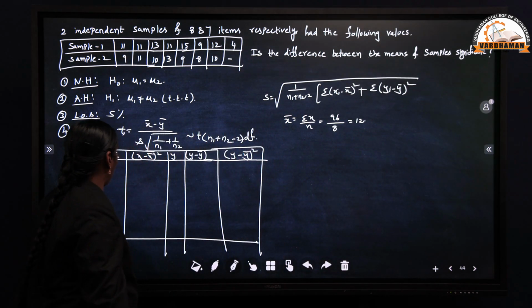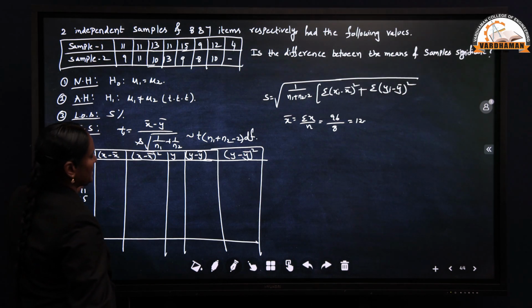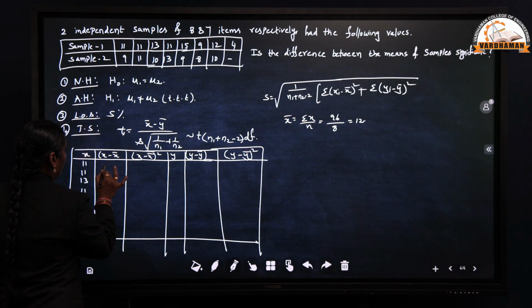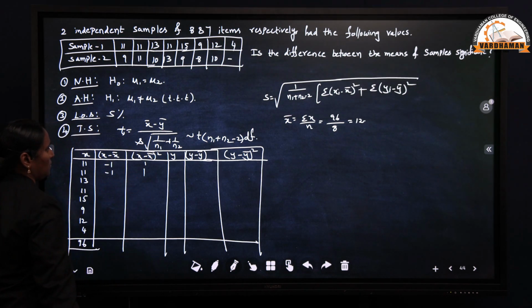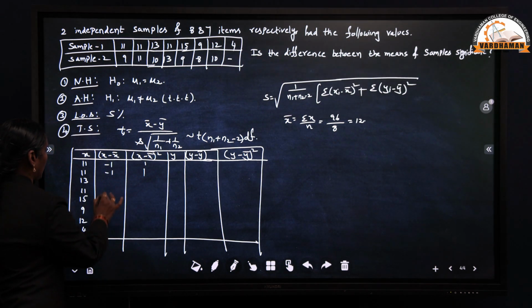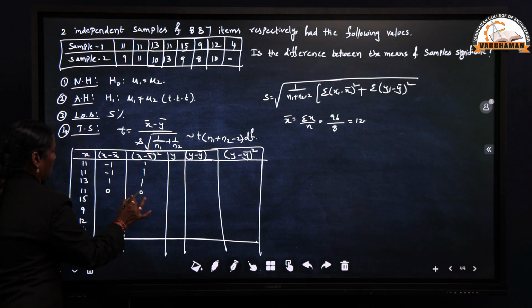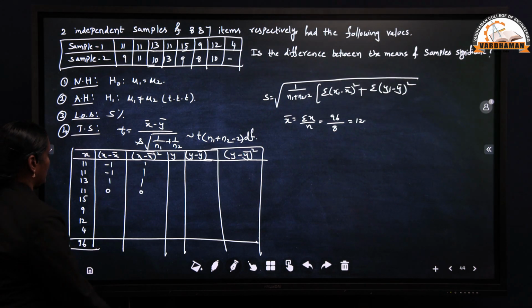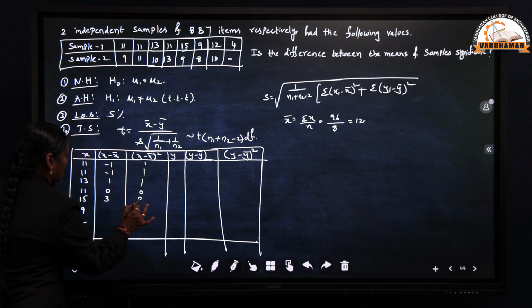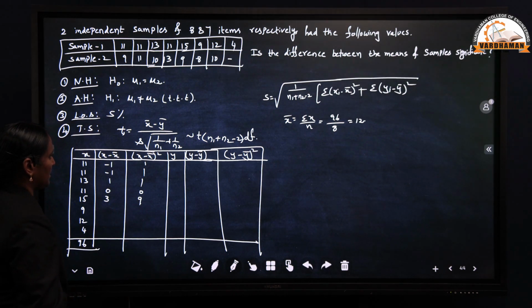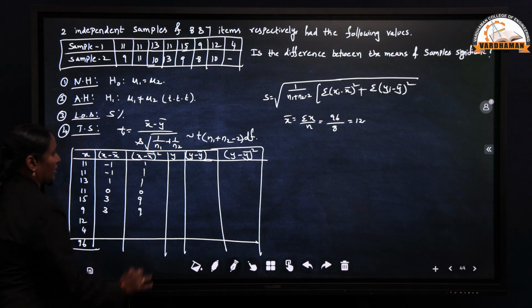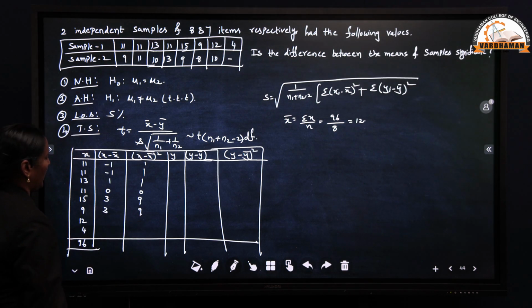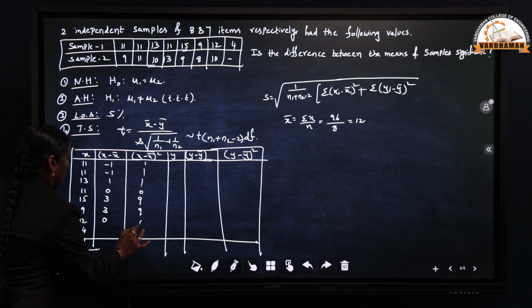So now we find 11 minus 12, which is minus 1, and minus 1 whole square. Next, 13 minus 12 is 1, and 1 square. 11 minus 11 is 0. Next, 15 minus 12 is 3, and 3 square is 9. Again 9 minus 12 is minus 3, and 3 square is 9. Next, 12 minus 12 is 0.